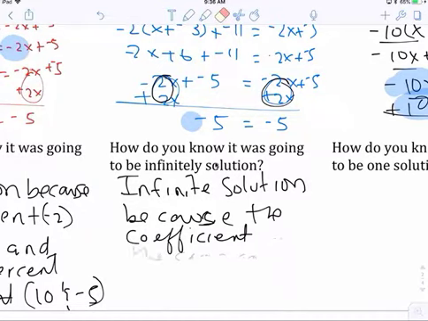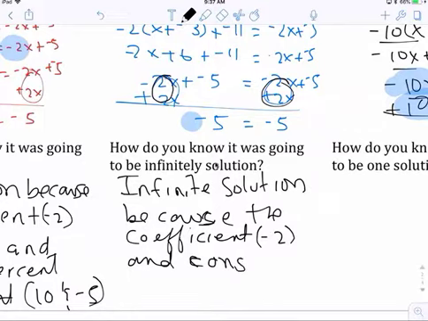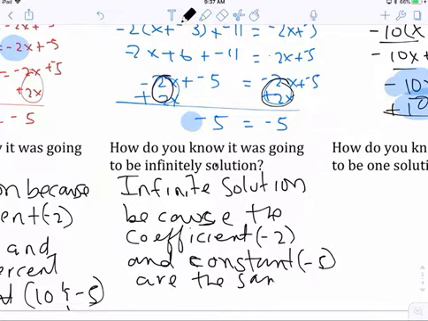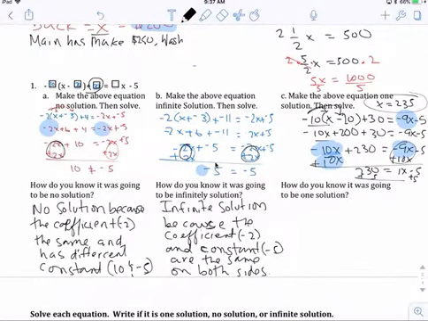The coefficient here is negative 2 and constant negative 5 are the same on both sides of the equal sign.